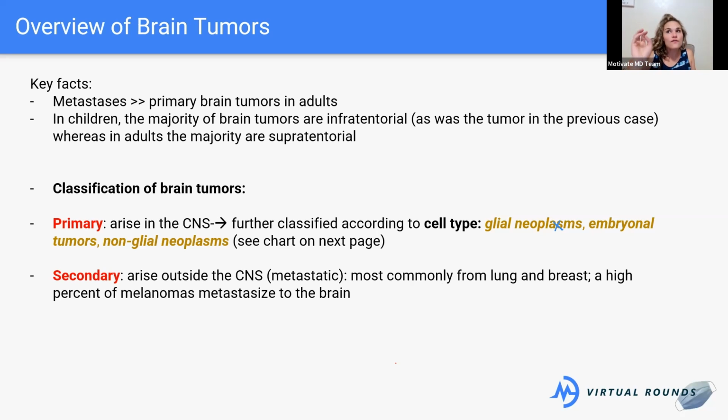They come from the neurons, from the glial cells, from the cells that make up the central nervous system, essentially. Secondary means that the tumors started outside the CNS, maybe breast cancer or skin cancer, and it metastasized to the brain.